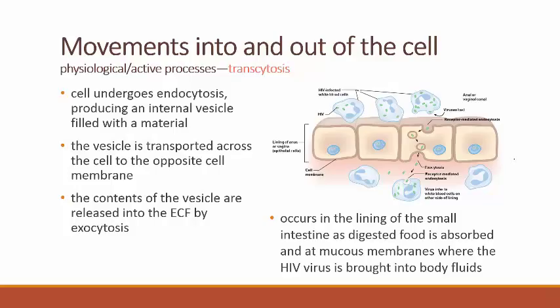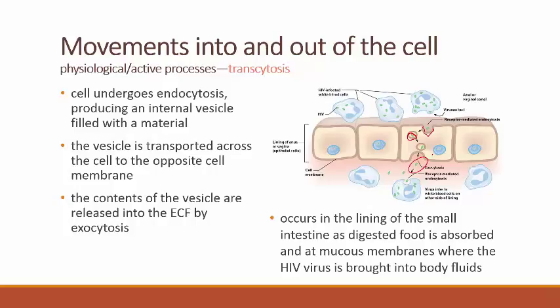And it's done as a cell there at that lining surface does endocytosis, creates a vesicle with some material inside it, and rather than digesting that vesicle and the contents of that vesicle, instead it just transports the vesicle across the cell and then bumps it up against the cell membrane on the other side, and then releases that material into the watery environment inside the body, into that tissue fluid that surrounds all the cells in the body.